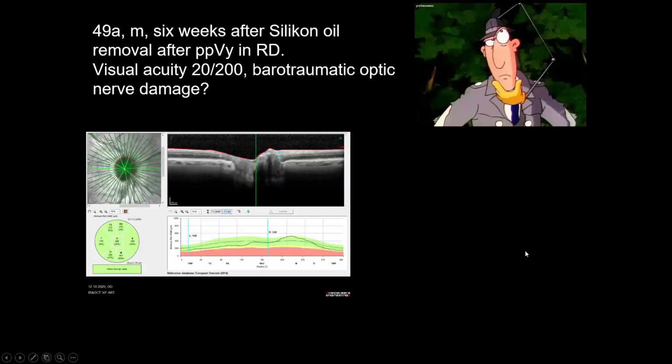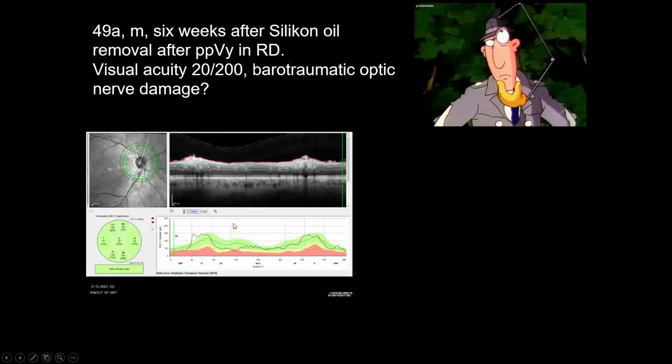So again, a patient who we had to do a vitrectomy with silicone oil for retinal detachment, a rather young patient, and we had to remove the oil. The patient experienced vision loss, and first we thought we might have optic atrophy, but here optic atrophy was not present in the patient, both in the rim and the nerve fiber layer.